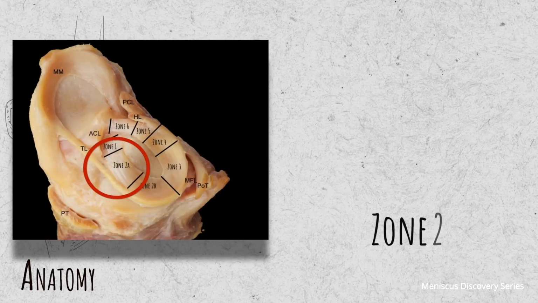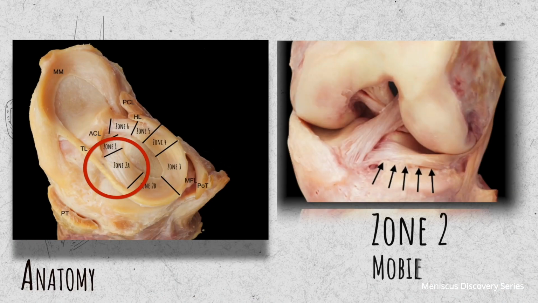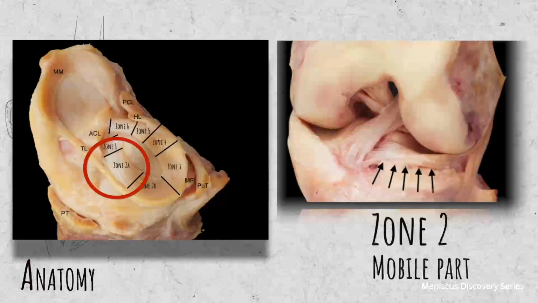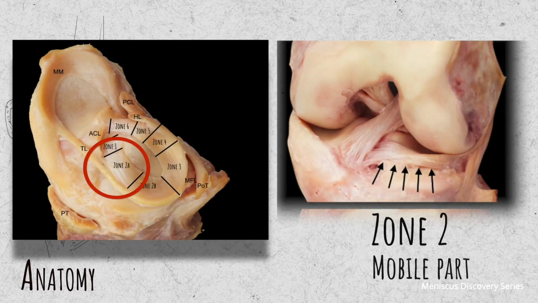Then we go to zone 2. There is the very mobile part of the lateral meniscus. We can see that zone 2 is just between the anterior root and the popliteus tendon.